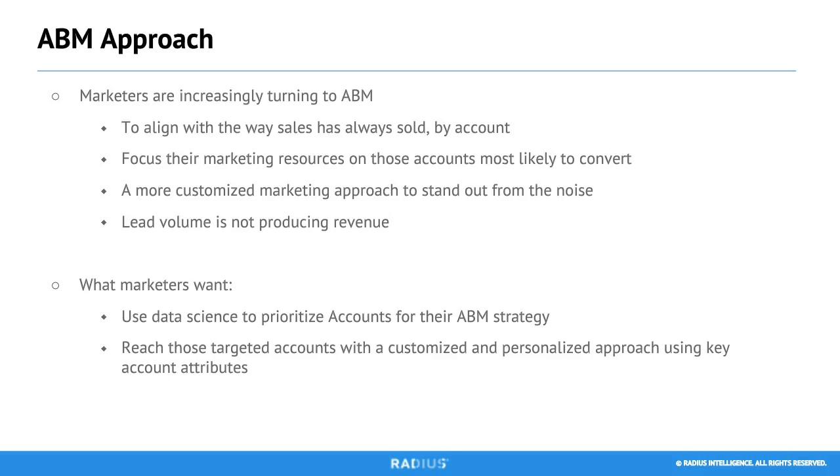And by being able to align to how sales has always been selling, by account, there's been an increased amount of alignment between the teams and success. And being able to really focus your marketing resources on those accounts most likely to convert is very appealing to us as marketers.